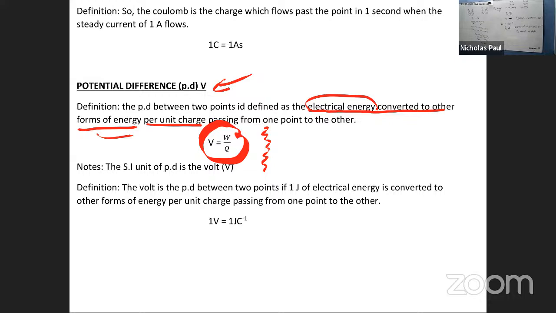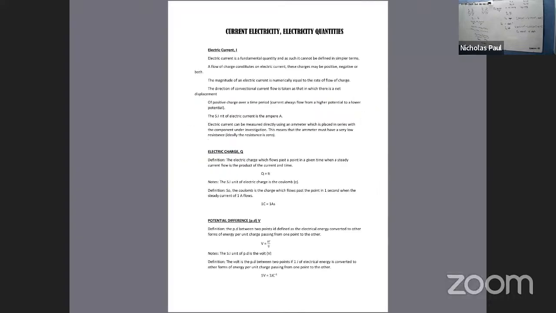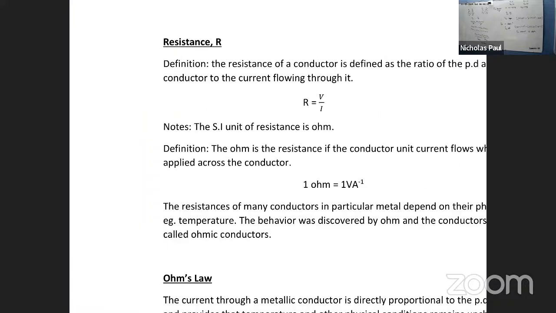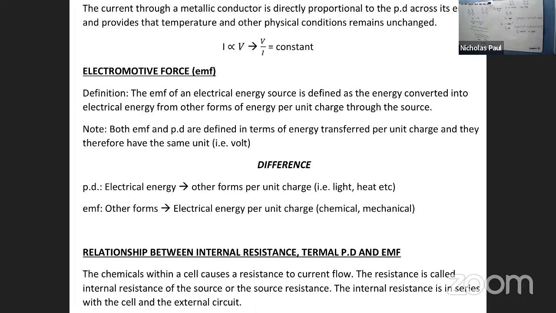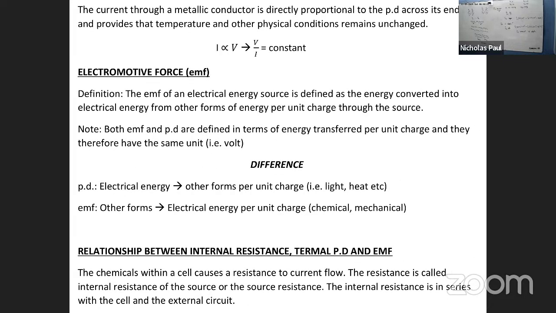Something that we didn't really focus on in Form 5: how do we define EMF? Look at the difference between the definition of EMF and the definition of potential difference. The EMF of an electrical energy source is defined as the energy converted into electrical from other forms per unit charge.